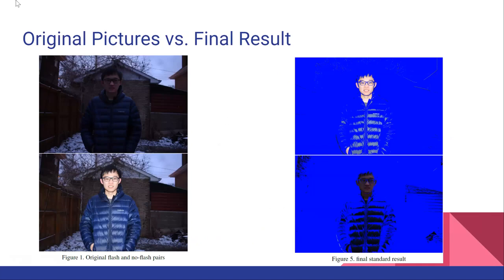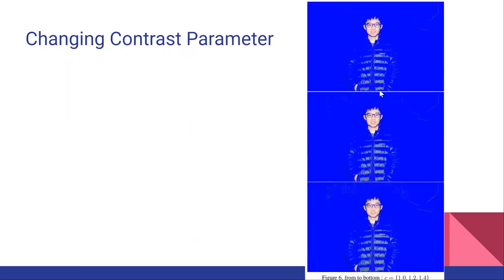So this is our original pictures, and for the final result you can see it's pretty decent, except maybe in the non-flash part there are some backgrounds that are misclassified as foreground, but it's fine. And here is how we change some parameters and how the result changes.